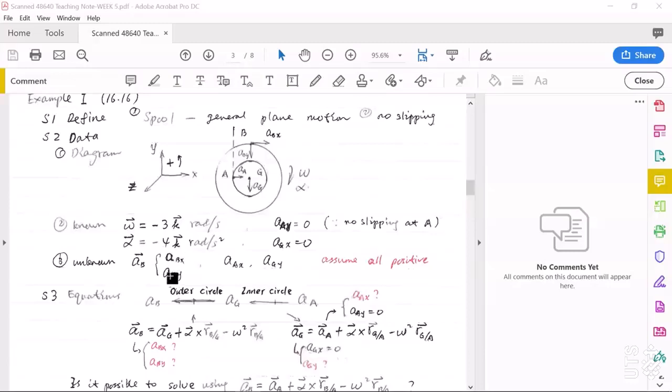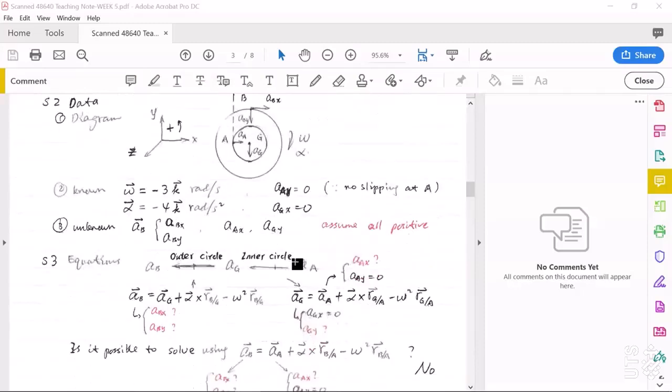If we know these two, we know AB. We don't know AAX and AGY at this moment. When we use vector calculation, we use relative acceleration analysis. We can assume all these 4 parameters positive.